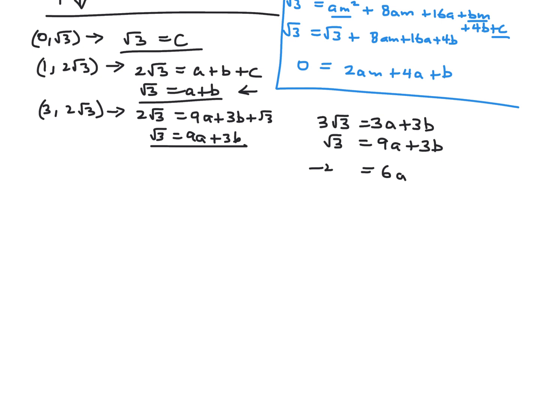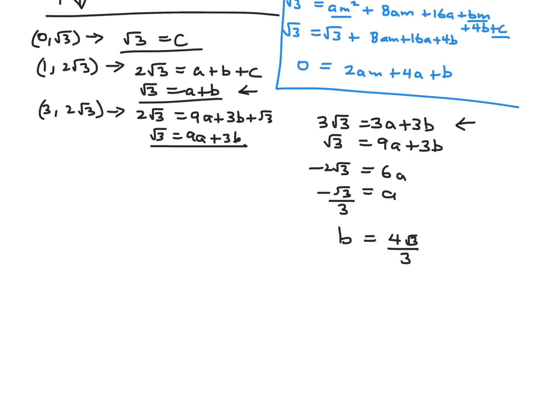This will be minus 2 root 3, and then divide through, and we get a equals minus root 3 over 3. Okay, and then sub it back into either one of these to solve for b, and when you do, you'll get 4 root 3 over 3. Yeah, let me just double check. I think that's true.